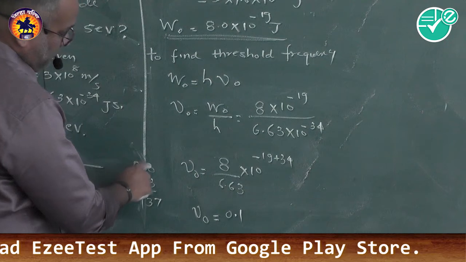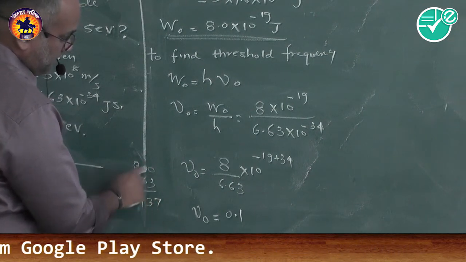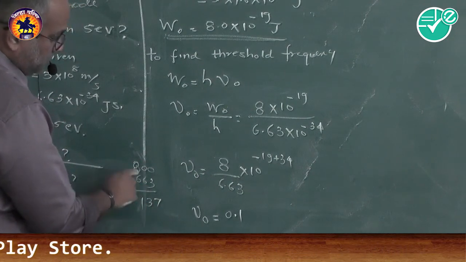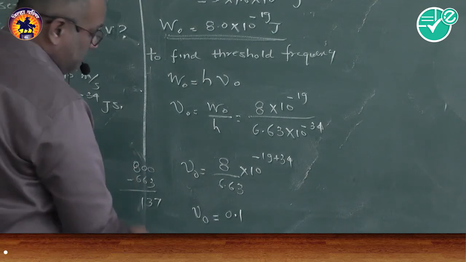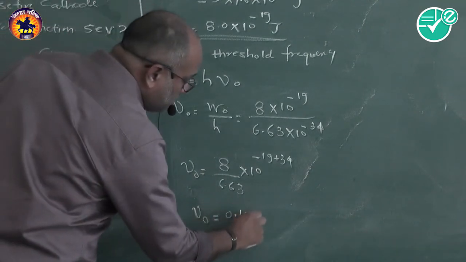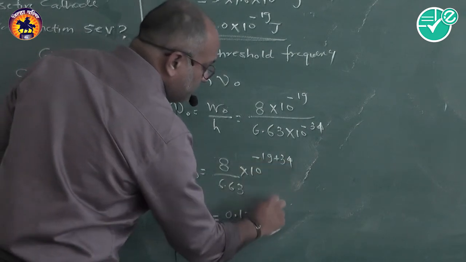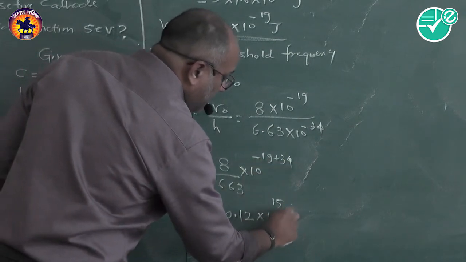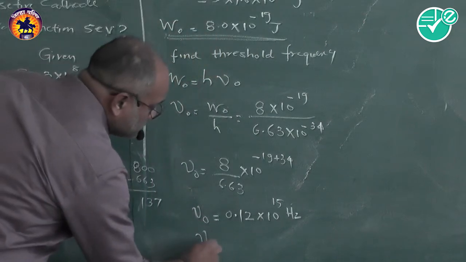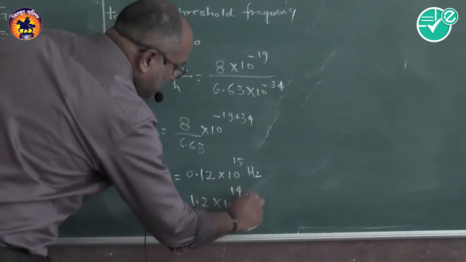Here we have taken 1 from this, 10. Again here taken 1, 10. 10 minus 3, 7. 9 minus 6, 3. 7 minus 6, 1. 137. That comes out to be 0.12 into 10 raised to minus 19 plus 34, that is 15 hertz, or nu 0 is equal to 1.2 into 10 raised to 14 hertz.